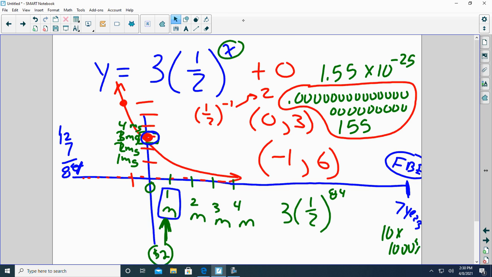Okay, you agree that this number is a teeny tiny itsy bitsy number? Agreed? So here we go. I'm just telling you. That number right there is this number right here on the graph.